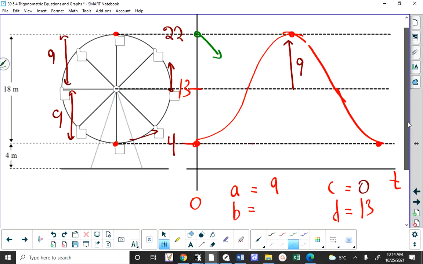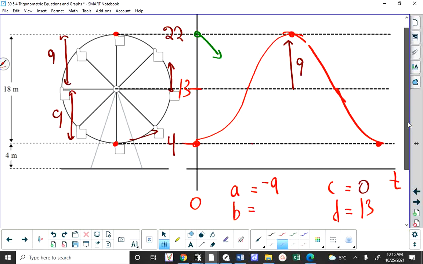And if I reflect that, it will start at the bottom going up and match it. If I go with a sine function, I'm going to have to figure out a horizontal phase shift. And it's okay. We could do that. But we don't want to. And I'm not going to. So if I change this to -9, I have A.